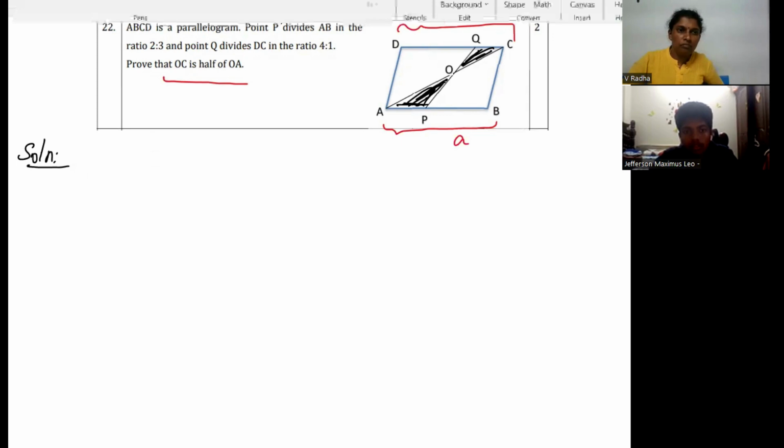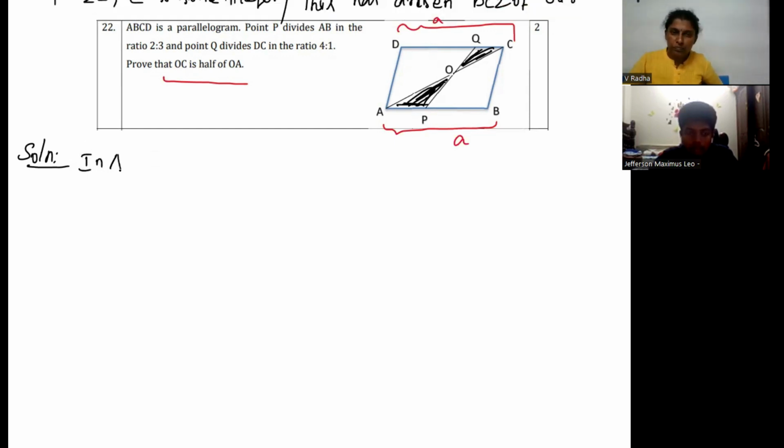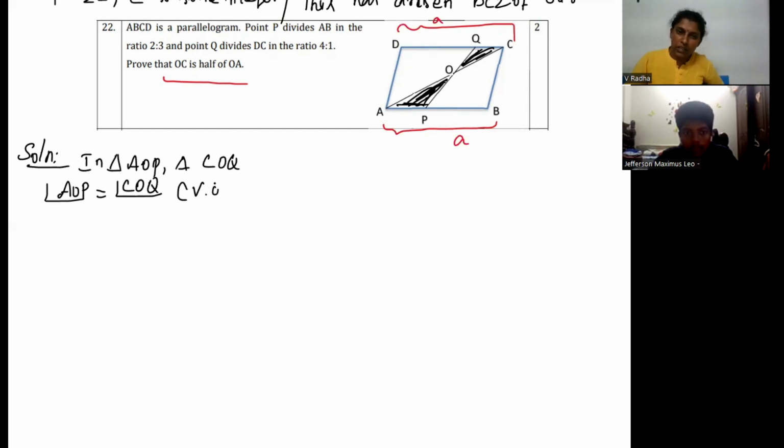So we have to prove that OC is half of OA. Yes, ma'am. So in triangle AOP and triangle COQ, angle AOP is equal to angle QOC, vertically opposite angles are equal, and angle OAP is equal to angle OCQ.